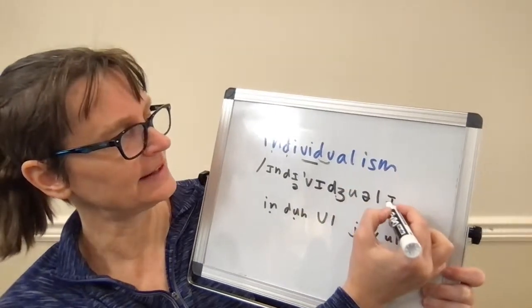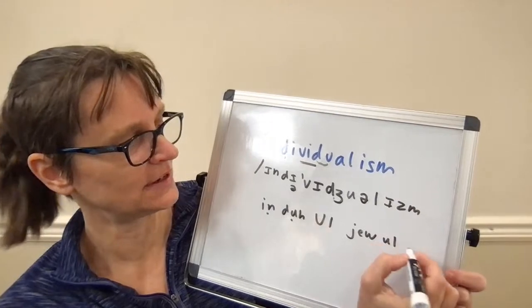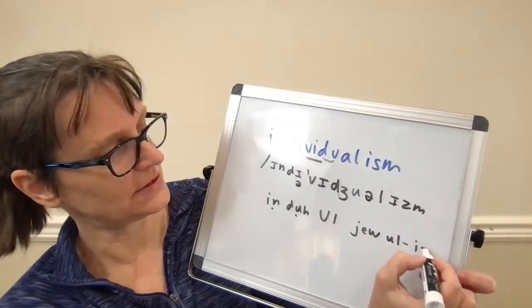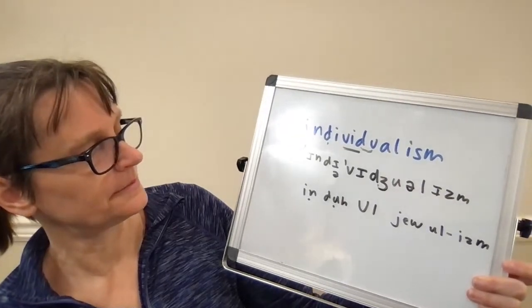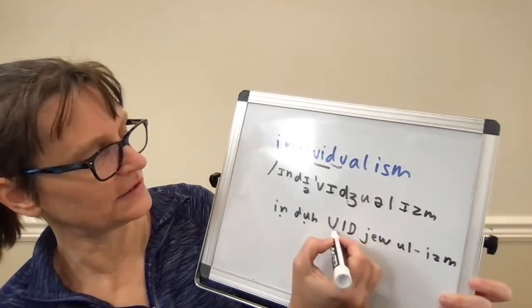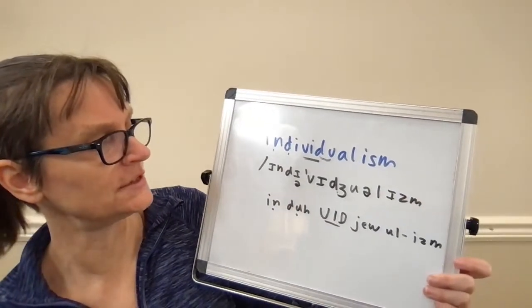And then lastly, the ism has a lax I, a voice E sound, and a syllabic N. Individualism. I'll still write it as a vid because you kind of think of that word video that can help you. Individualism.